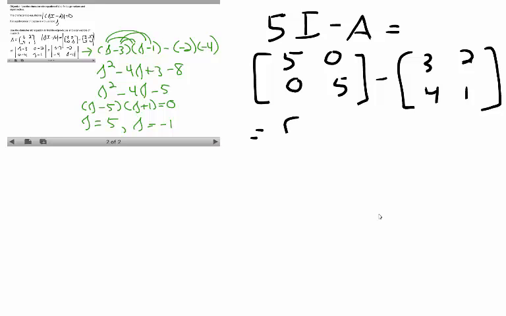Subtracting these matrices gives us 2, negative 2, negative 4, and 4.